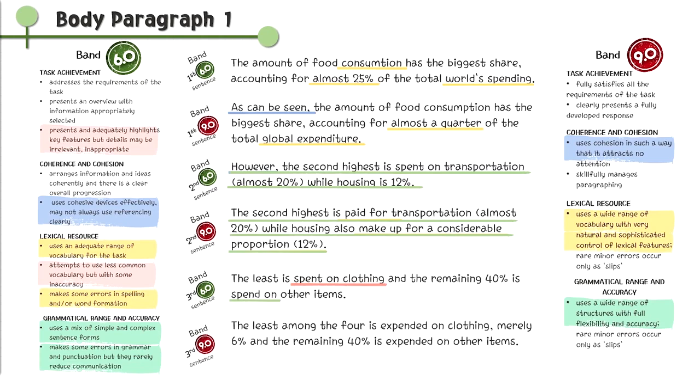The least among the four is expended on clothing, merely 6%, and the remaining 40% is expended on other items. Lastly, for the last sentence of the Band 9 sample, among the four items, and merely 6% shows the task was fully developed by adding the details from the chart. The word expend was also used as an alternative to the word spent.